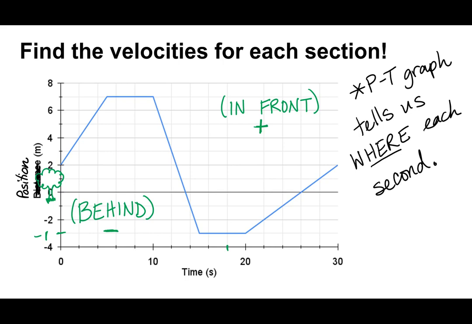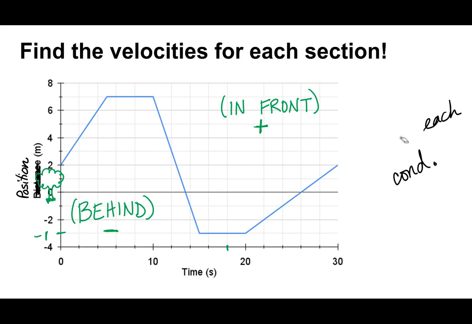So you can imagine here's this tree in the middle of some field somewhere, and we stretch out these meter tapes. And if we go in front of the tree, it's positive position. If we go behind the tree, it's negative position. The other thing that position time graphs can tell us is something about how quickly we were moving in these various locations. And so to figure out how quickly, that is all about the slope.